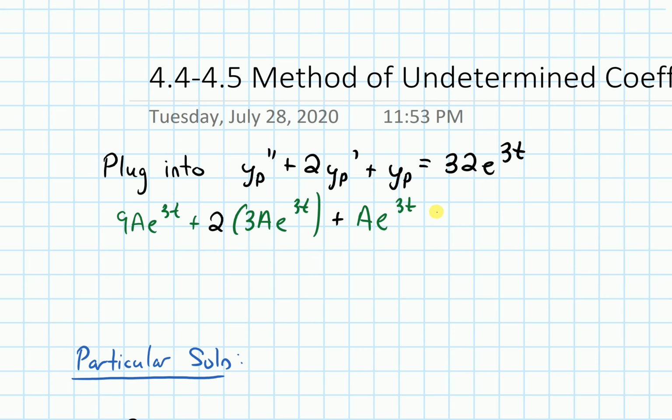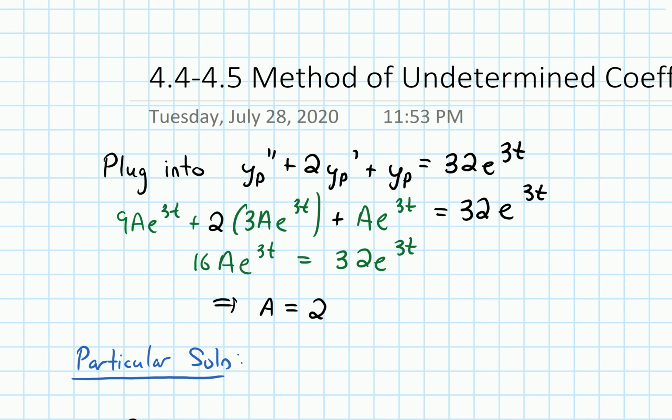All right, and this equals the right-hand side, which is 32 e to the 3t. So combining like terms on the left-hand side, we'll get that this is 16a e to the 3t. And that equals the 32 e to the 3t that we have on the other side. So at this point, it's easy to see that a has to be equal to 2 to make this 16a become 32.